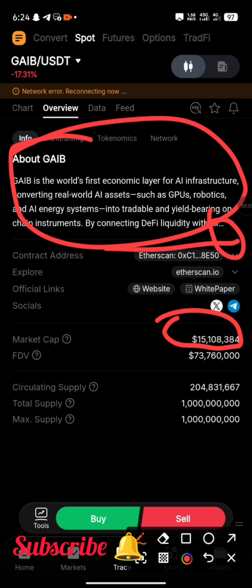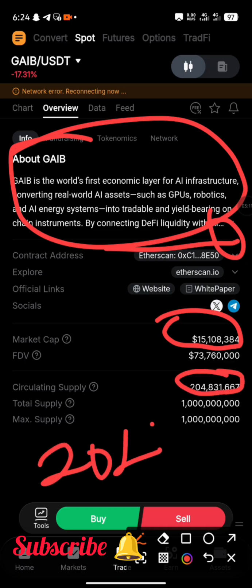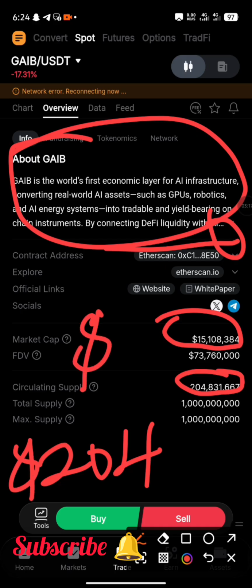Now let's look at the circulating supply. Its circulating supply is over 204, and the market cap is over 15 million. All this is in millions.